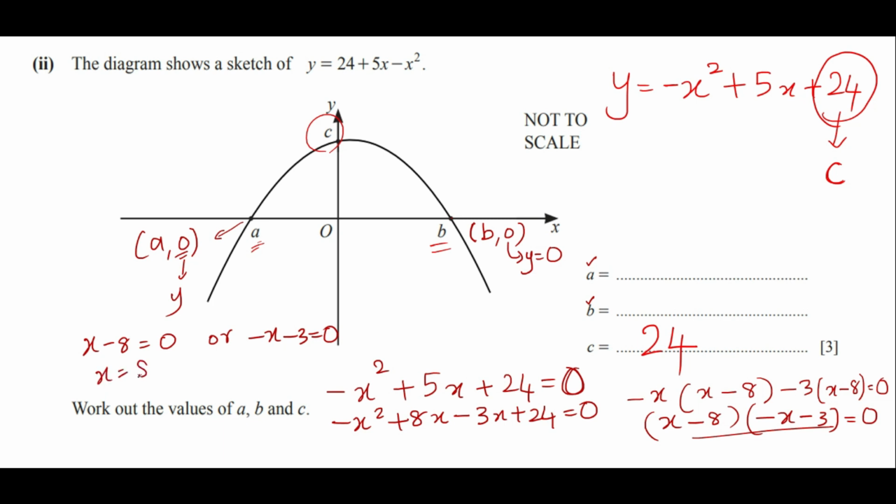So here x is equal to 8, or you can see negative x equals 3, so x is equal to negative 3. Now from the axis you can make sure that the negative value should be a, because it's to the left of the origin. So a is going to be negative 3 and b here is going to be 8. Now you can factorize in your own way and find the answer.